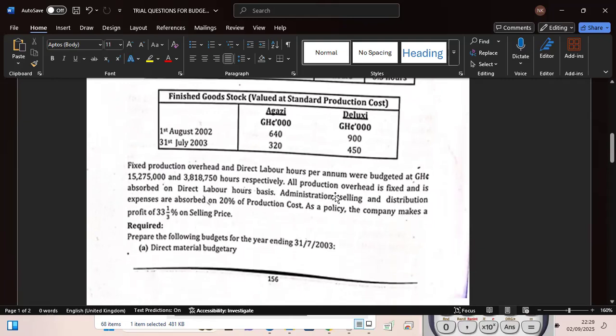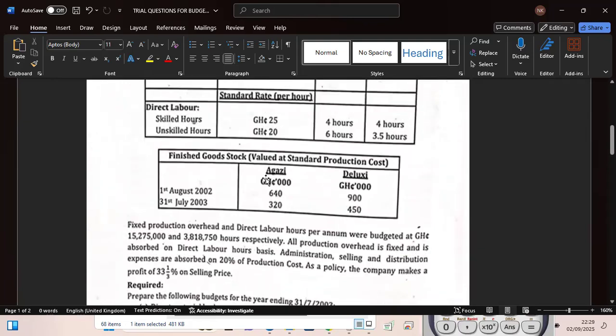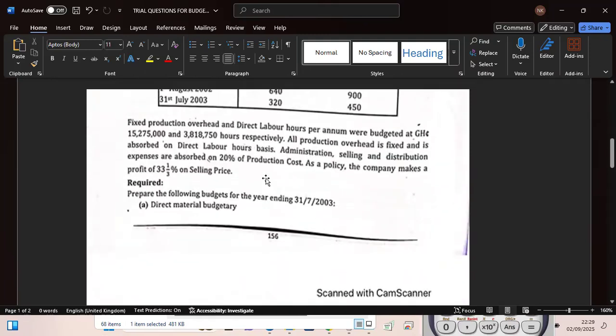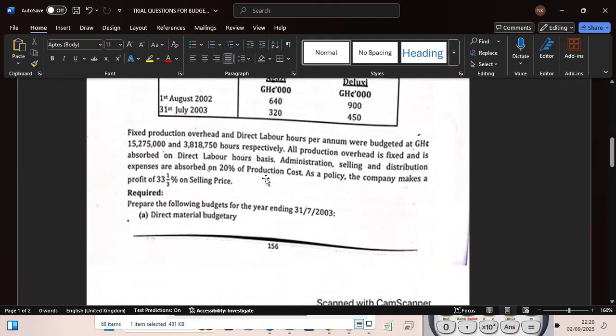So meaning that if we're able to find the cost of production, then we have to scale it in the sense that 33 1/3 over 133 1/3. We have to add the 33 1/3 to 100% because it's being done on selling price.